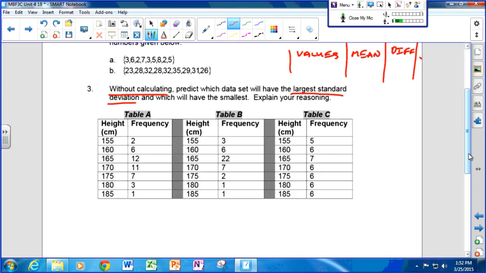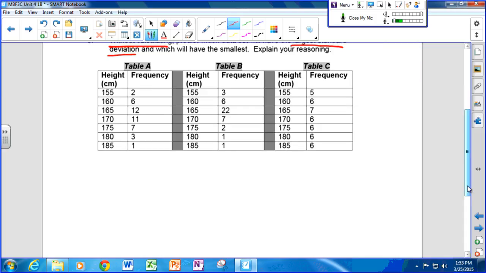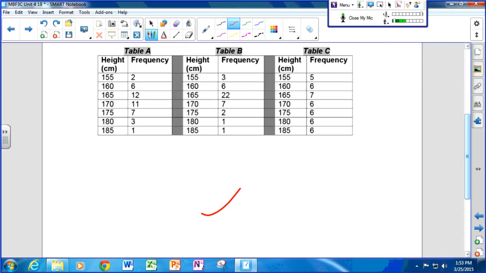So what I'm interested in is to see what you come up with. How can you tell the standard deviation? Remember that the standard deviation measures how far the data is from the mean.